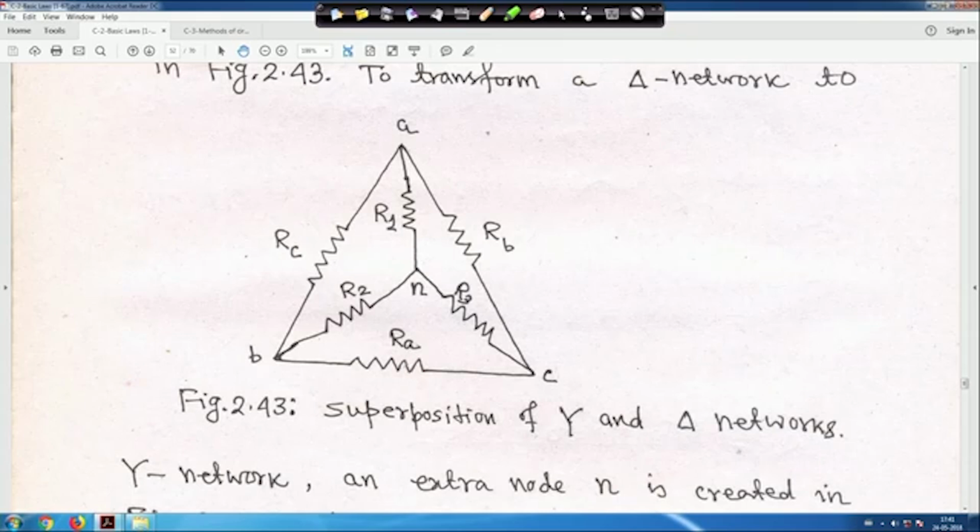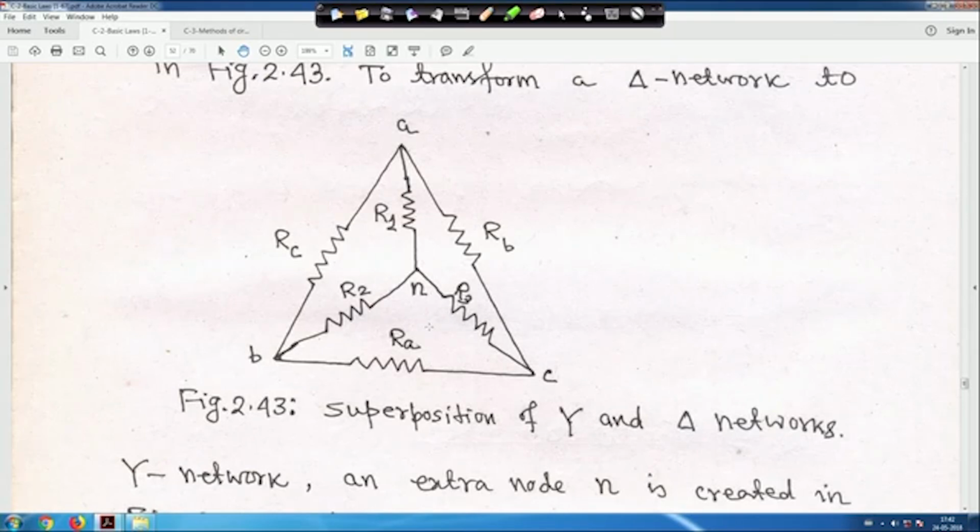If you look at R A, the numerator is the same, R 1 R 2, R 2 R 3, R 3 R 1, divided by R 1. So, how to remember this?